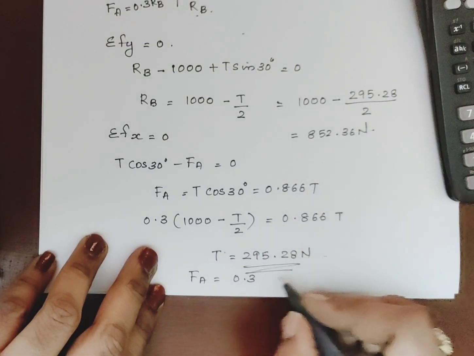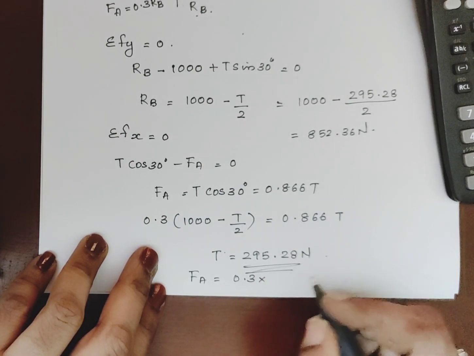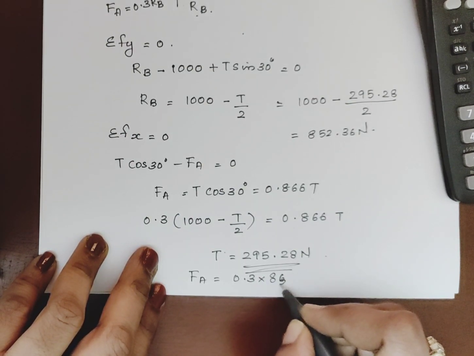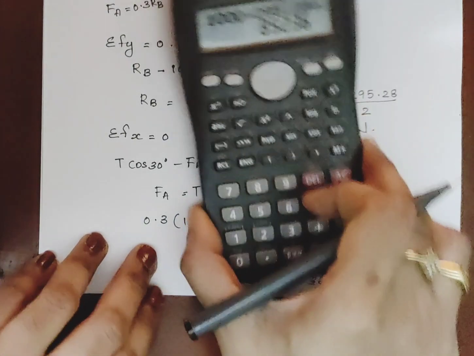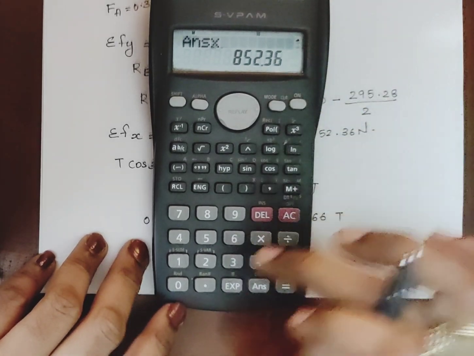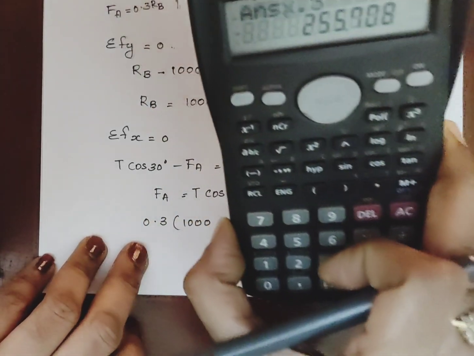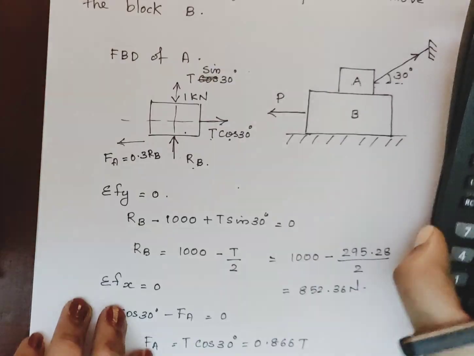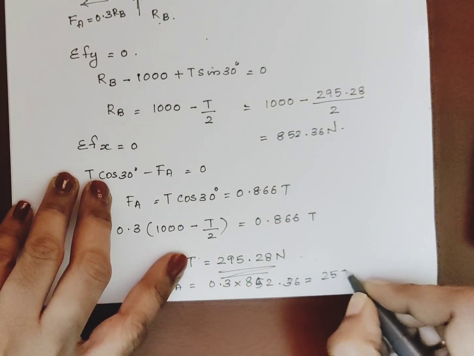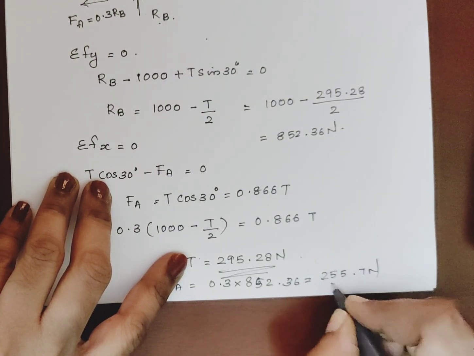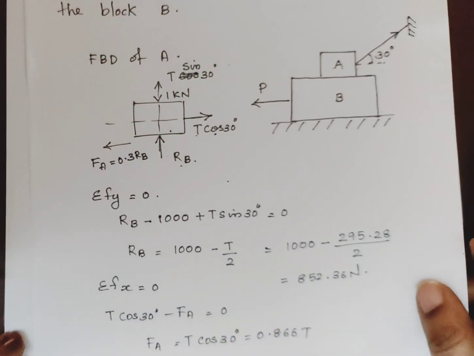So Fa is equal to 0.3 RB, 0.3 into 852.36, that is equal to 255.7 Newton. So now you have to take the second block.